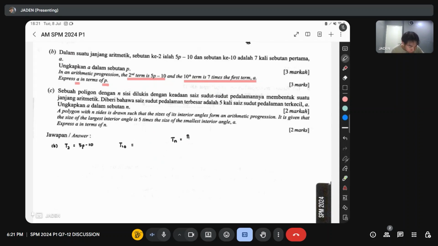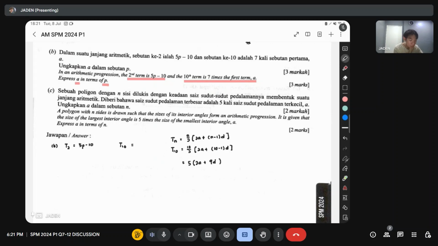So this is n divided by 2, 2a plus n minus 1 times d. If I'm doing T10, that means my n changed to 10. So this is 10 divided by 2, I got 5 here. This is 2a plus 10 minus 1, this is 9d.